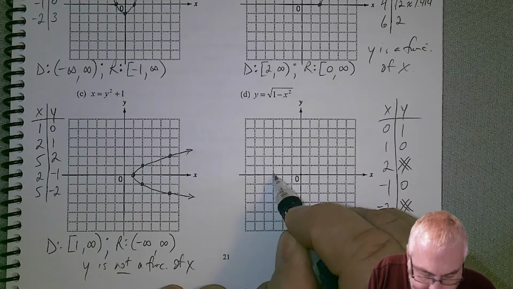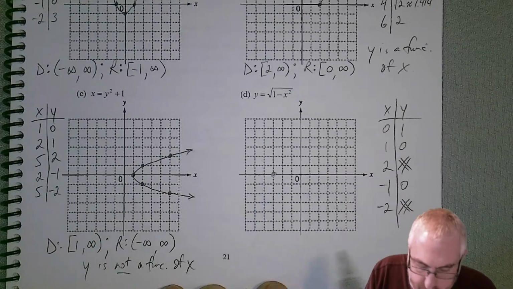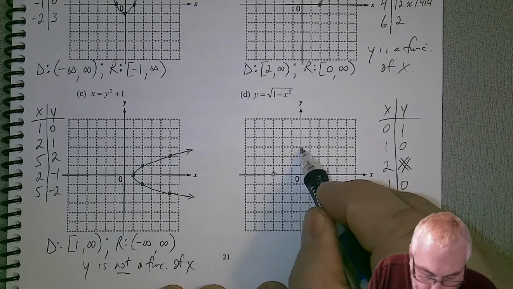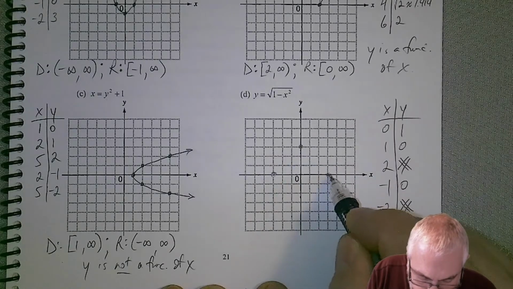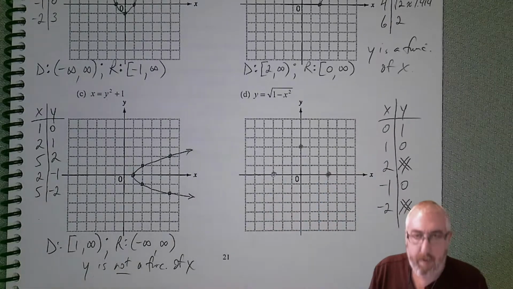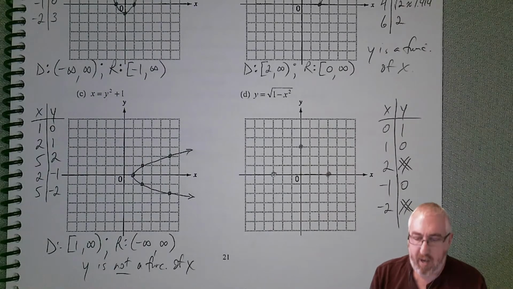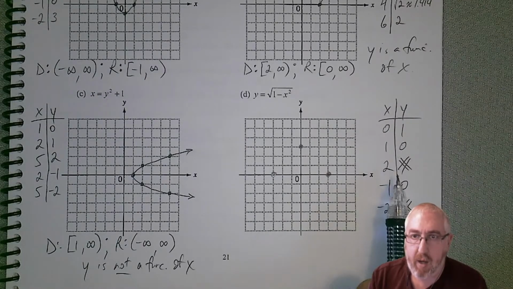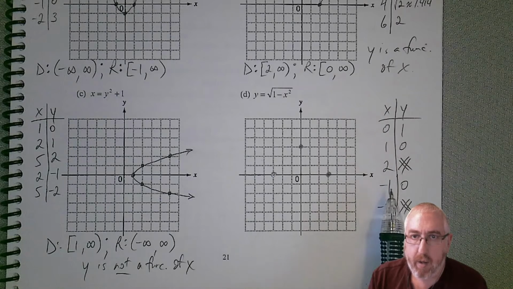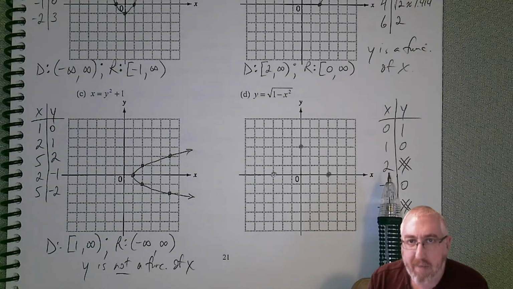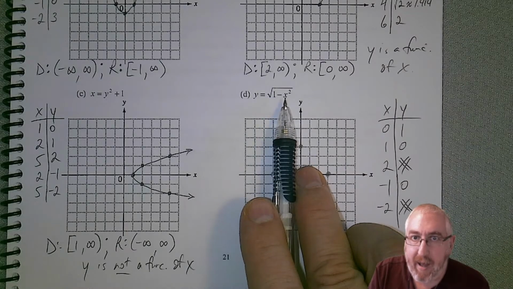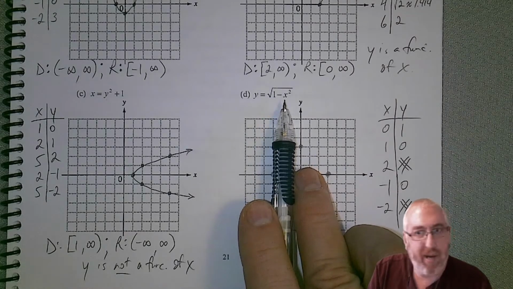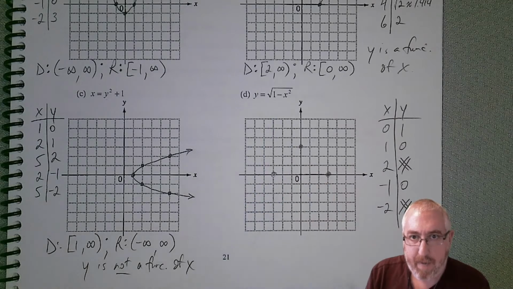Let's say this is negative 1, 0. 1, 0 is up here. And positive 1, 0. So we don't have any inputs beyond 1 or negative 1. I mean, we could try 1.5 and stuff like that, but that's always going to put us with a bigger number second, which will make it negative. And we can't take the square root of a negative number.